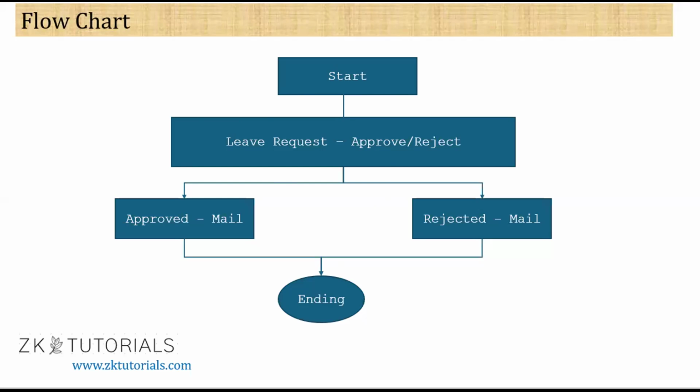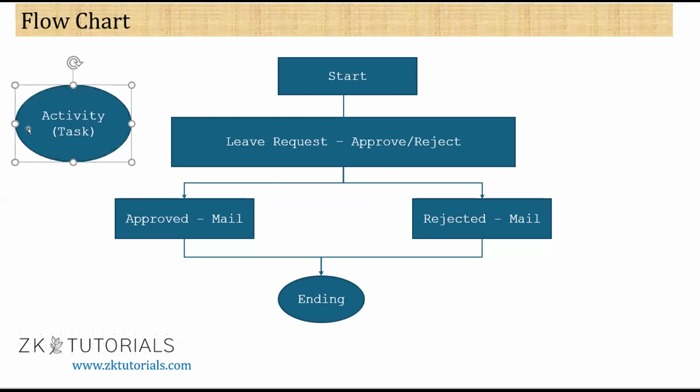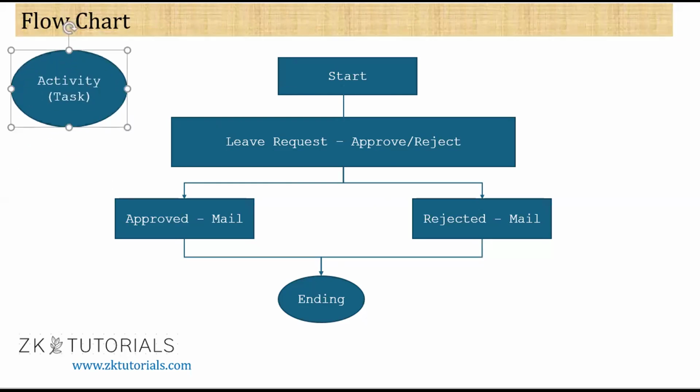For example, any activity, or you can say task. The activity will be performed over here, correct? Then based on that activity, a mail will be sent from here, correct?